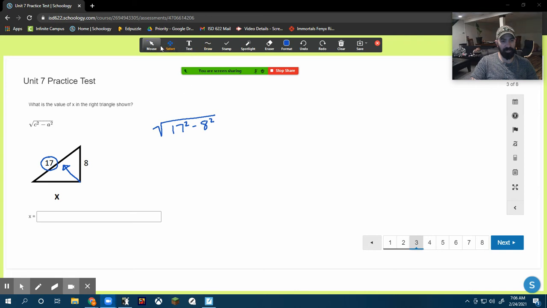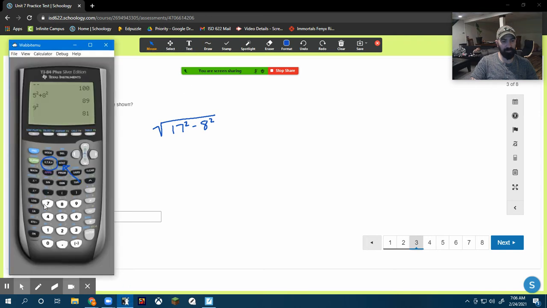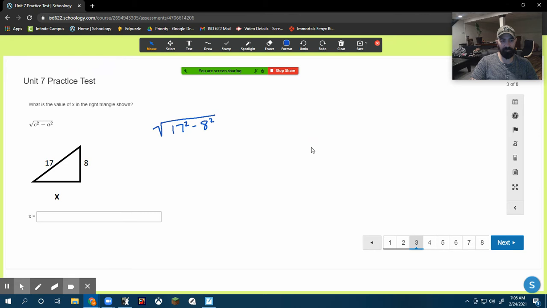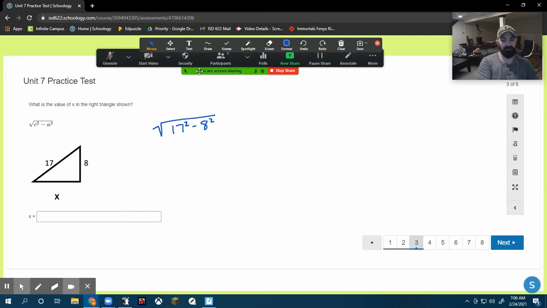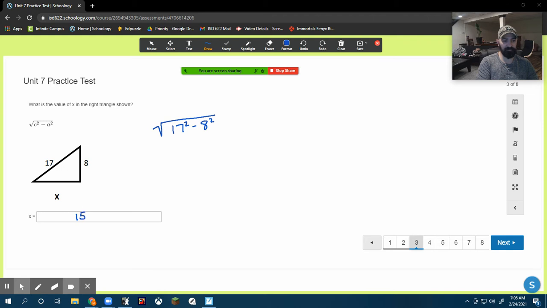So again, I'm just going to get my calculator out and do the square root of 17 squared minus 8 squared, and I'm going to get 15. So my answer for number 3 is 15. That's all it is.